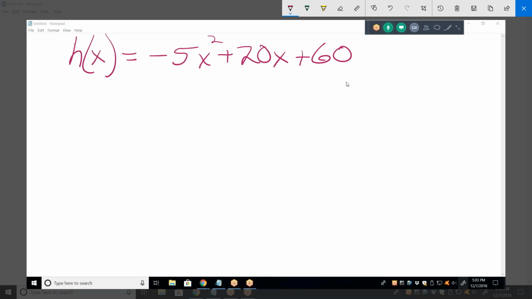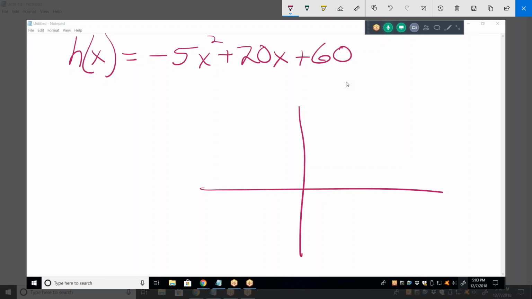What is the height of the object at the time of launch? Well, what is x at the time of launch? Zero. What is h of x when x is 0?